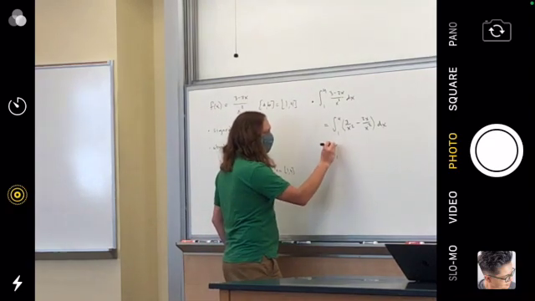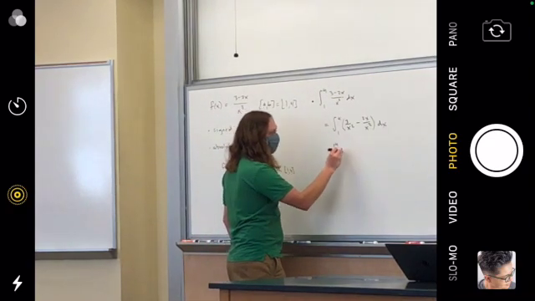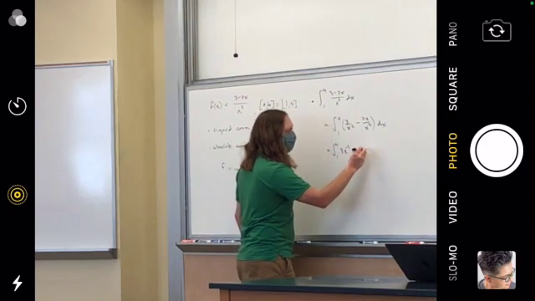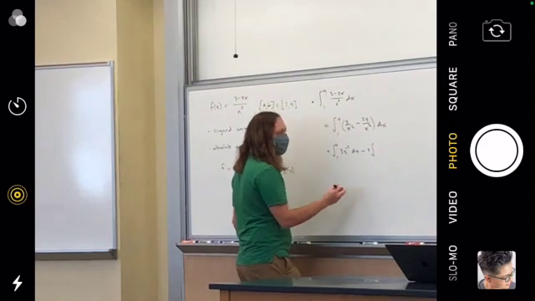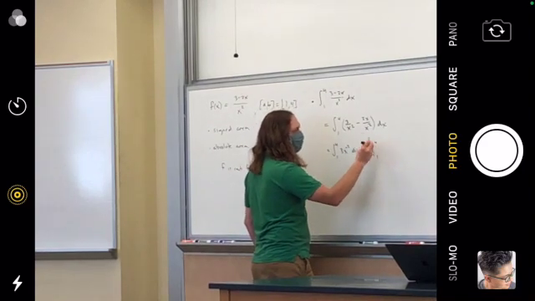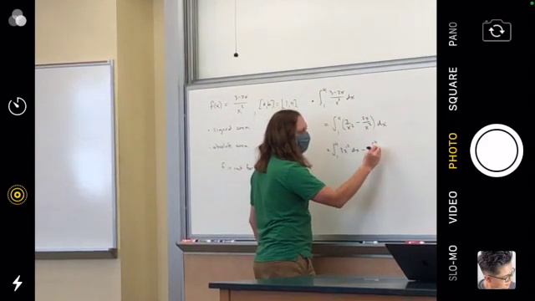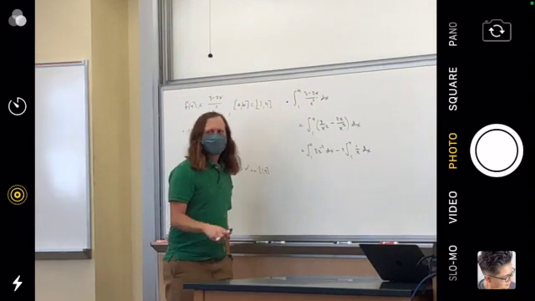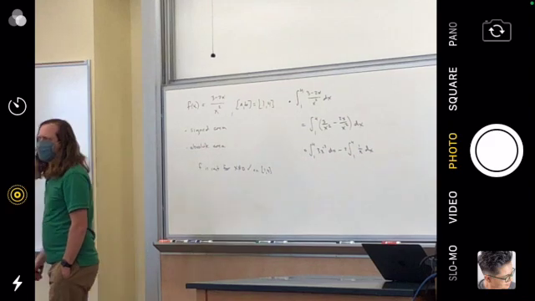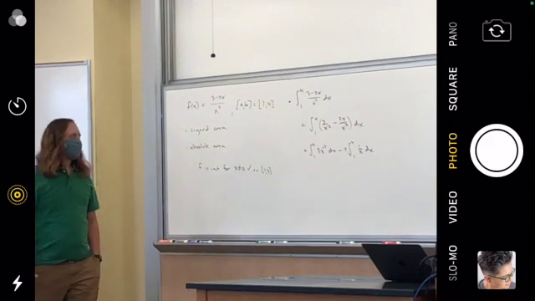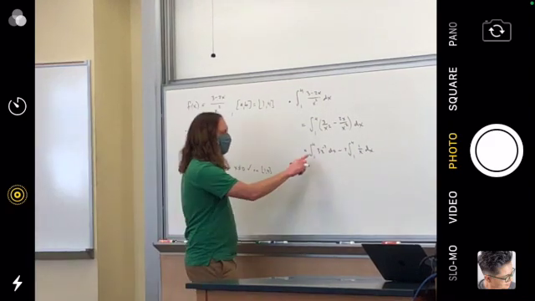It's going to be the definite integral of 3x to the negative 2. And this other one is going to be the definite integral of x over x squared, so x to the negative 1 or 1 over x. I'm going to put the 3 outside.